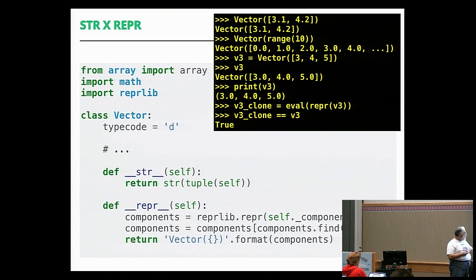So what I do is I use reprlib to get the repr of the components. And the repr of the components follows that rule of being a representation of the code you could use to reconstruct the array, which means it starts with the word array, and then open paren, and then there's a type code, a comma, and a bracket, and then a list of arguments within the brackets, and then close paren.